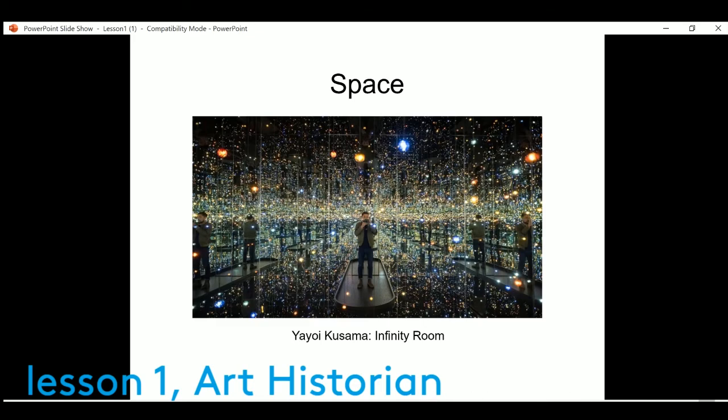And then this is Yayoi Kusama's installation. They call it the Infinity Room. So sometimes artists explore the use of space. If you walk into this chamber of the Infinity Room, you would feel like you are in a 360 degree angle of space and infinity.